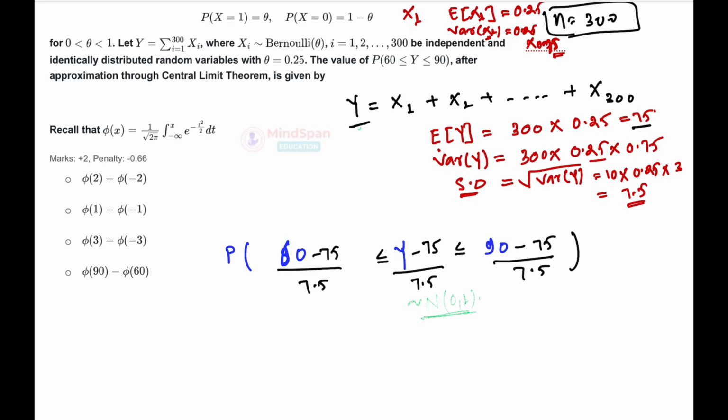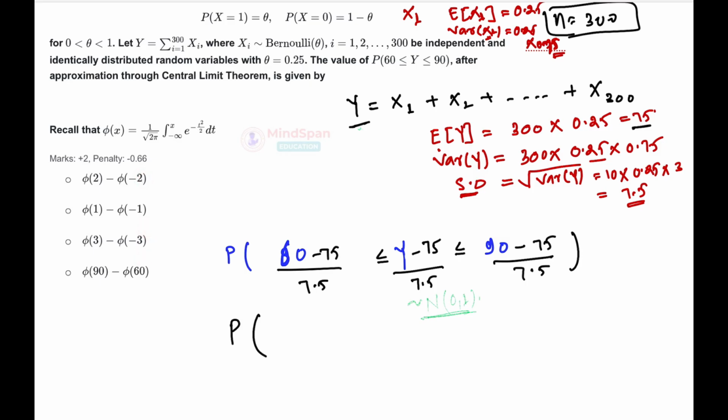Anyhow, we do not need to look for this particular problem because we have already been given the options in terms of the CDF notation. So once you have this standard normal random variable, you can make use of the table and find numerical values for this probability. Anyhow, we just need to write in terms of the CDF notation.